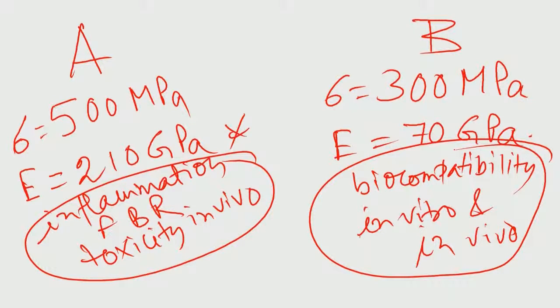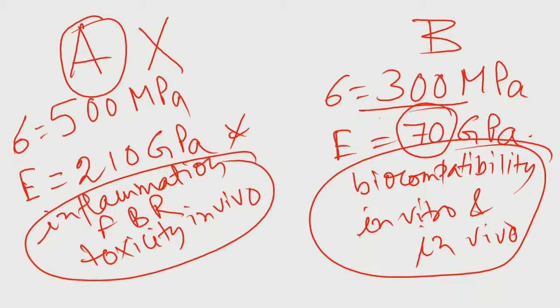If you are a purely metallurgist or material scientist, then definitely you will choose material A, not B, but that option is wrong as far as biocompatibility or biomaterials is concerned. It does not matter whether the strength is a little bit inferior or the elastic modulus is less. What is more important is whether this material has good biocompatibility both at the cell level and tissue level. So, with this very simple and hypothetical example, I hope I have been able to convince you that biocompatibility should be given more priority.